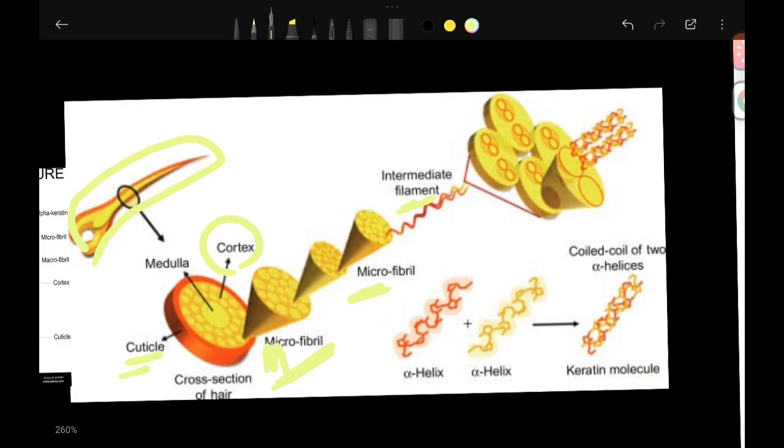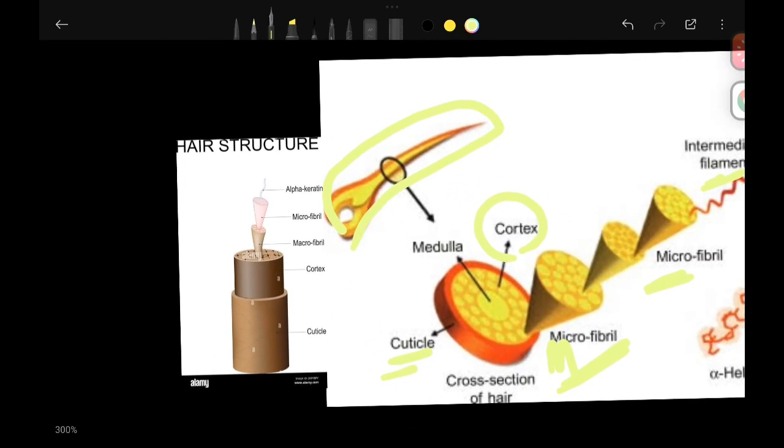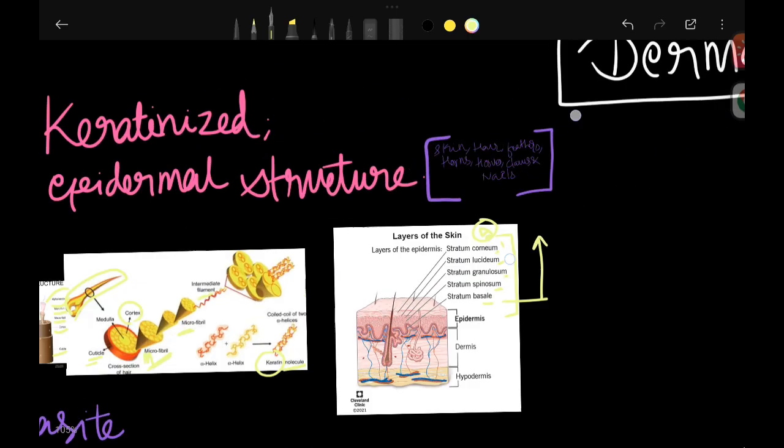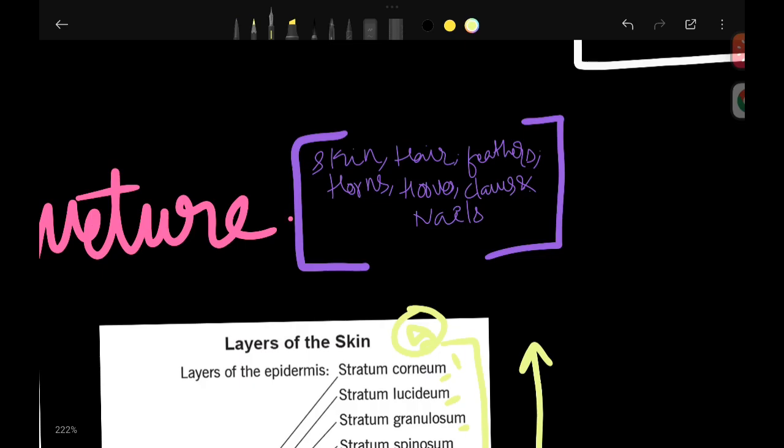These filaments are nothing but keratin molecules. In this image also you can notice the outer cuticle, then the cortex composed of macrofibrils, microfibrils, and keratin. So the fungus has a tendency to invade keratin, and structures richly composed of keratin have a high tendency to get infected.